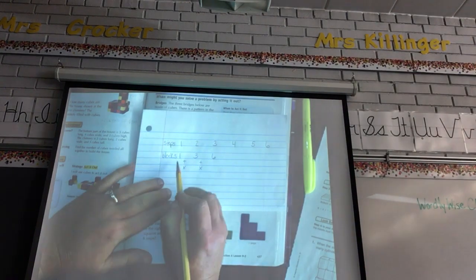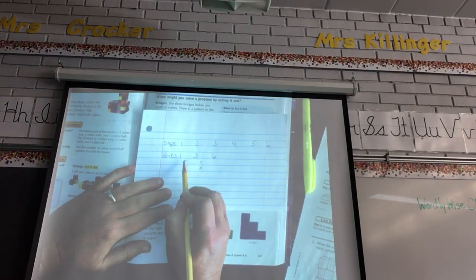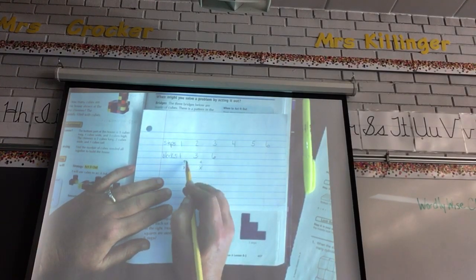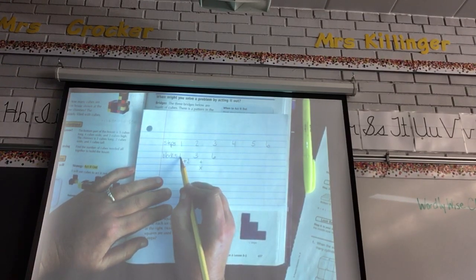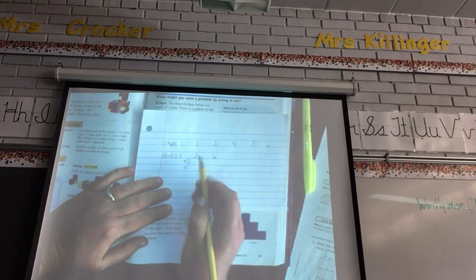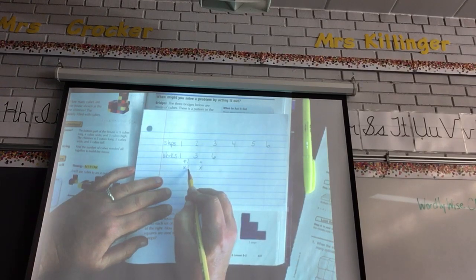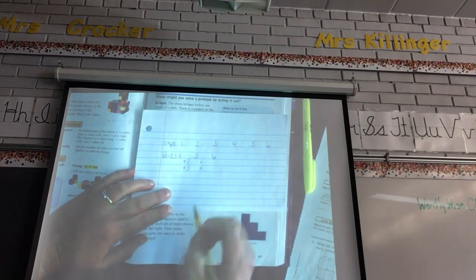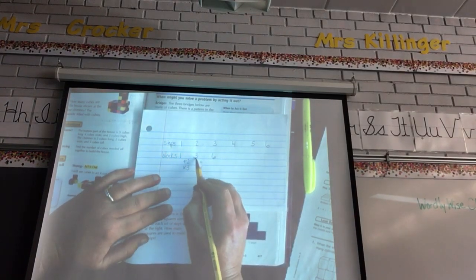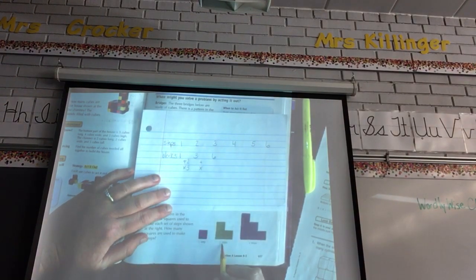So what could I add to 1 in order to get 3? Well, that would be add 2. What could I multiply to 1 in order to get 3? Well, that would be multiply by 3.